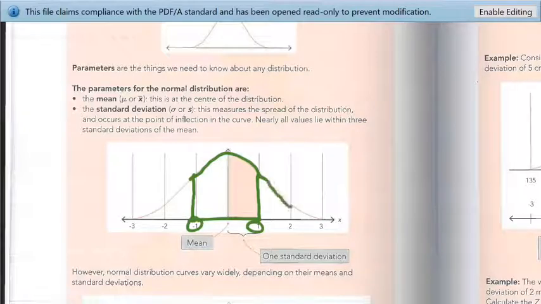Then you get a little bit more data between 1 and 2, right? And then between 2 and 3, there's just a tiny little tail, a tiny little bit of data, right? Again, because your curve is symmetrical and it's falling downwards. So that means that all of these areas, these shapes here, are not the same.